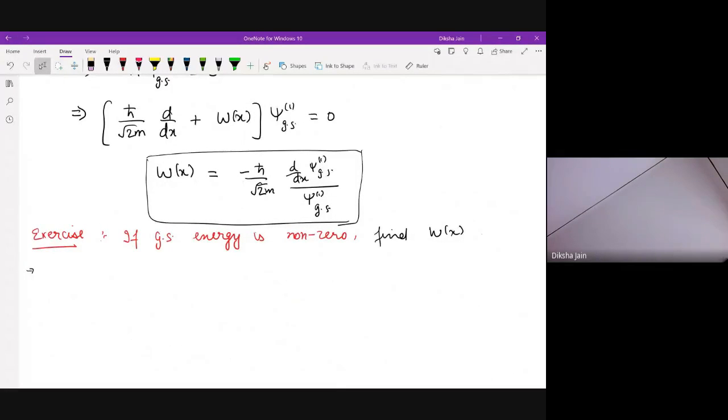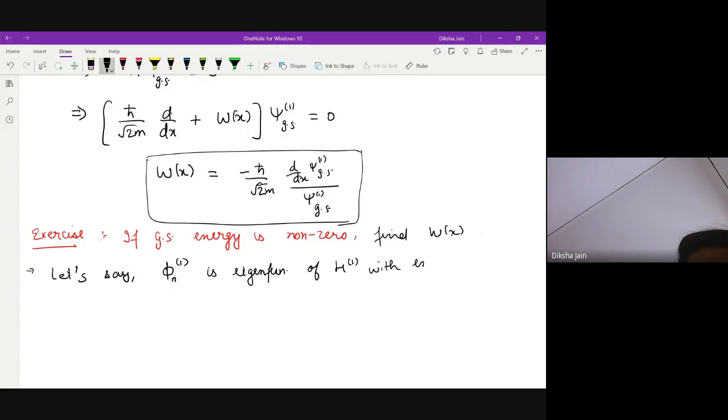Okay, so let's say phi n of 1. This is my notation: 1 means the H1 Hamiltonian, and n is the nth energy level. So this is the nth energy state of Hamiltonian H1, the eigenfunction of H1 with energy En of 1.